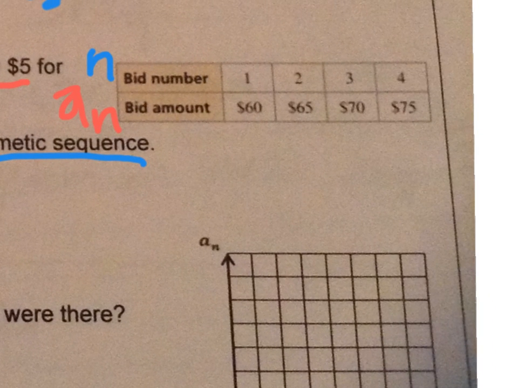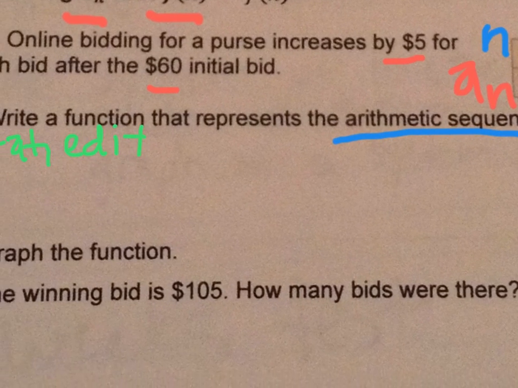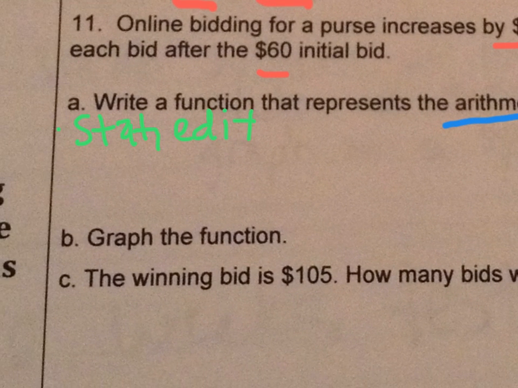So everything in the n column will go in the first column in stat edit. Everything in the an column will go in the second column in stat edit. And once we get our columns filled out and we have the table all put in the calculator, then again, like you guys have been doing, we go to stat, calc, for, and then calculate.